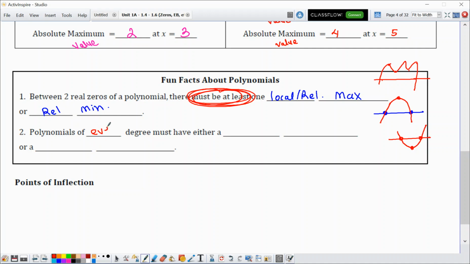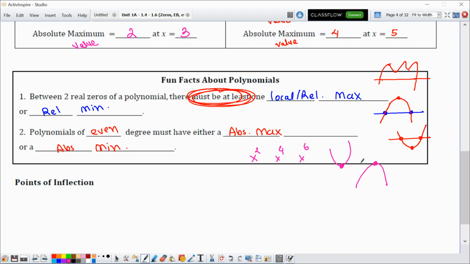Okay, so a polynomial of even degree must have either an absolute maximum or an absolute minimum. Again, this is the common sense part, because all the even degree functions either go up or go down.